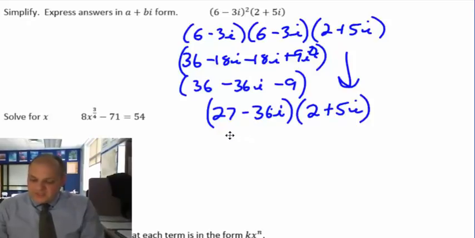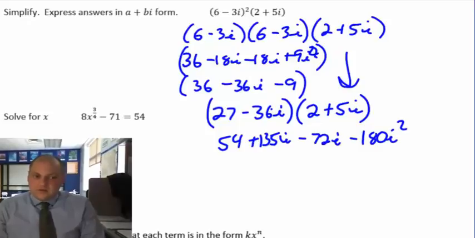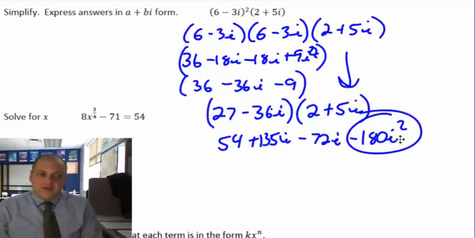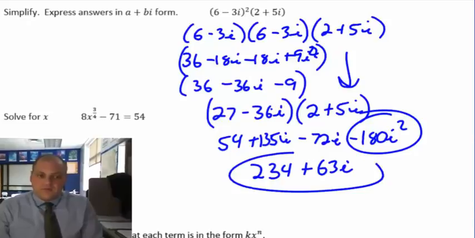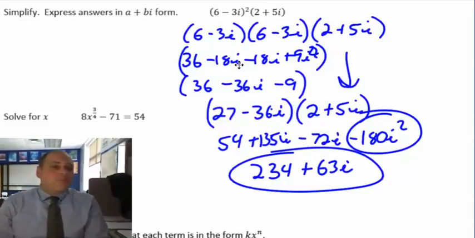And that comes out to be 54 plus 135i minus 72i minus 180i squared. That's plus 180 after you do the i squared. So it ends up being 234 plus 63i. That's pretty ugly.